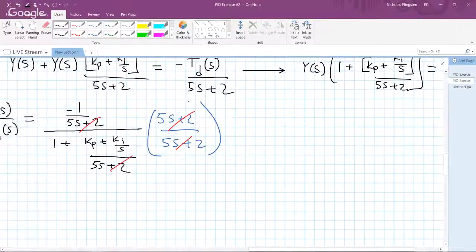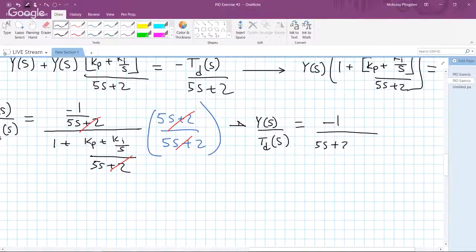So now we're going to have capital Y of s all over Td of s equal -1, 5s plus 2, plus kp plus ki over s.